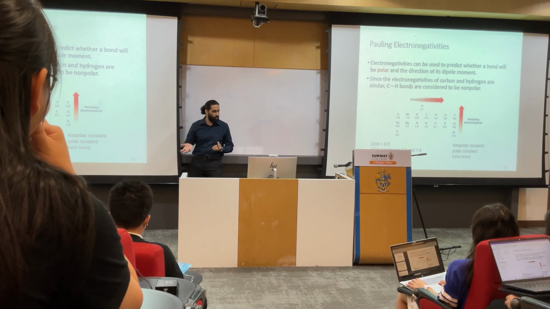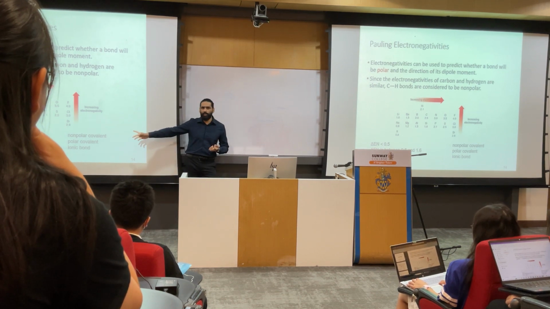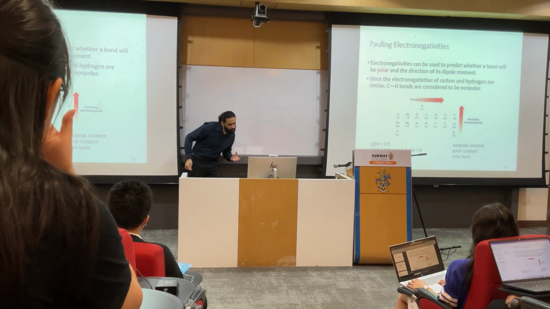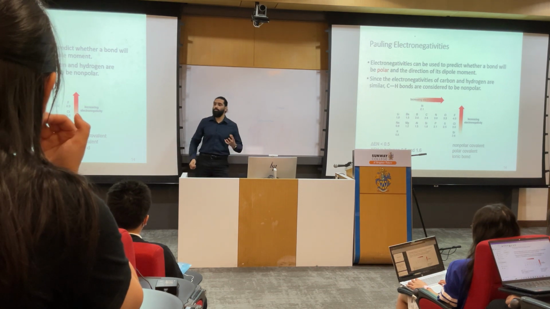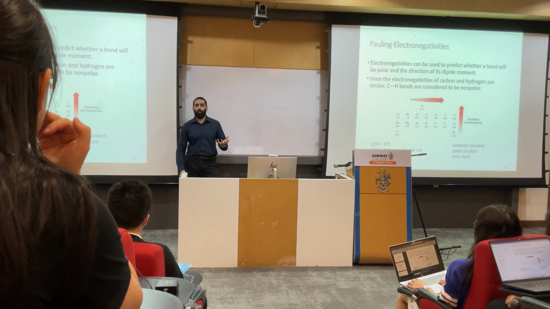Generally speaking, you can see all the slide, right? Okay. So when the difference in electronegativity between two elements is more than 2, then it would be an ionic bond.